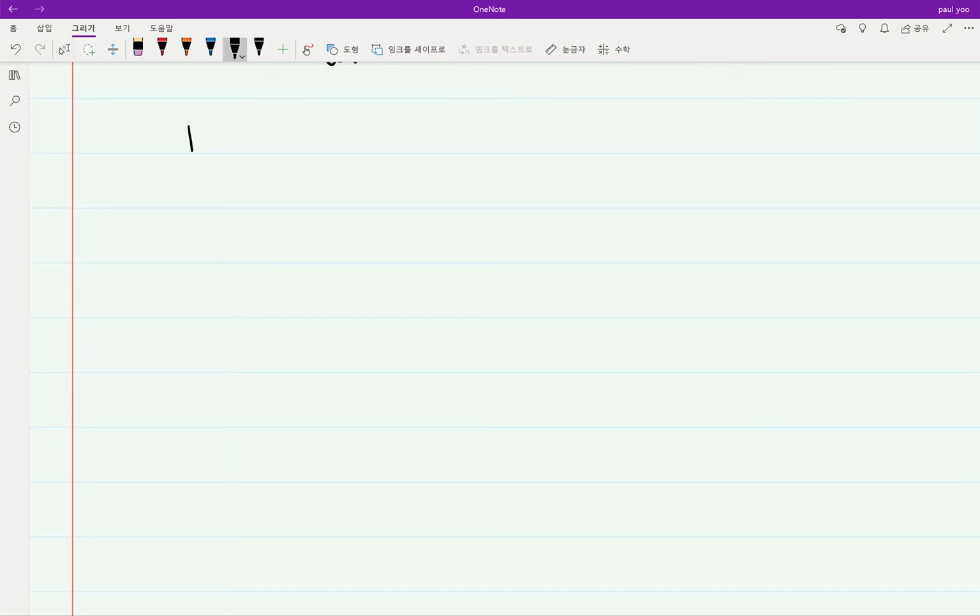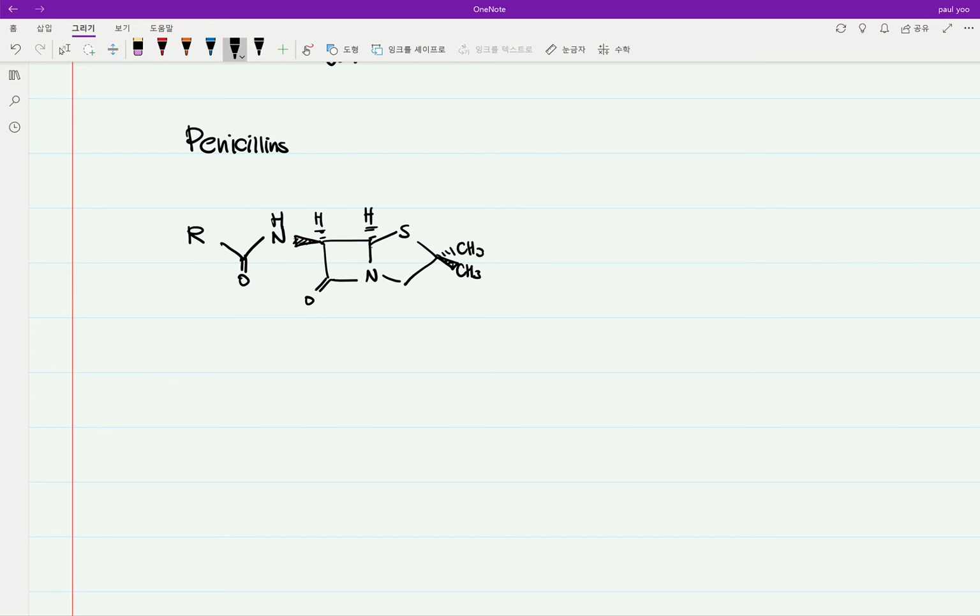Another example, penicillin. Penicillin looks like this.